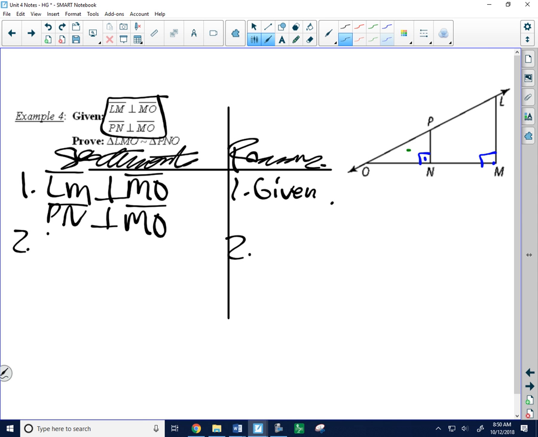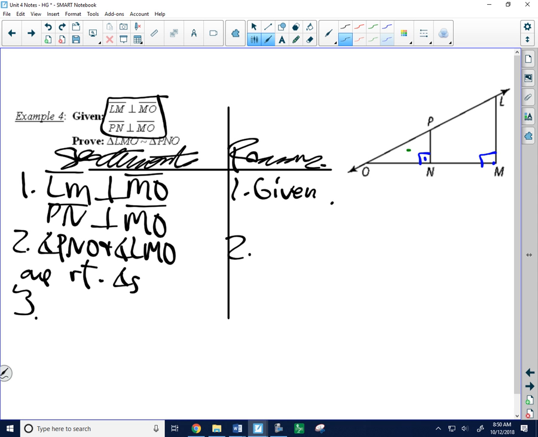This is a perpendicular, 2 steps here in the process. Angle P and O and angle L and O are right angles. And then we'll say they're congruent. So step 2, let's see, they're right angles.